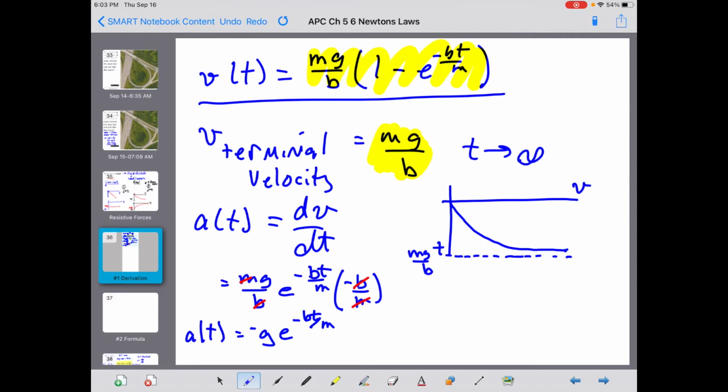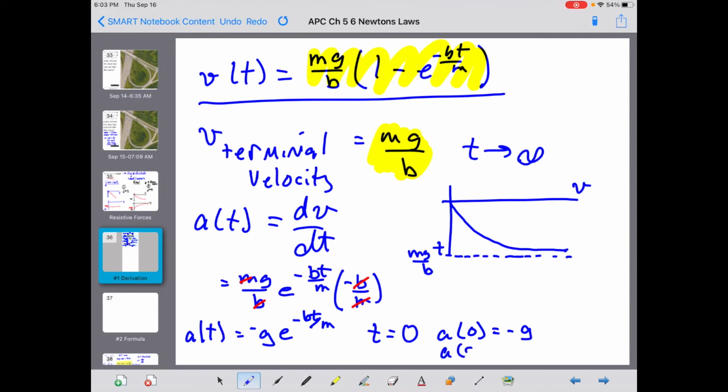It is a multiple of 9.8. So at a time of 0, our e is going to be 1, and so a of 0 will just be equal to negative g.